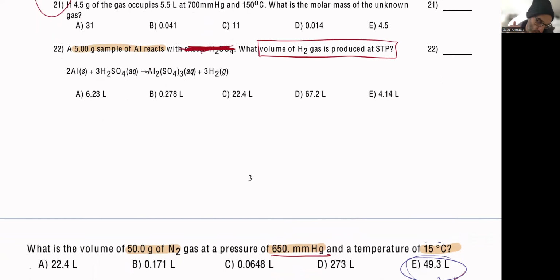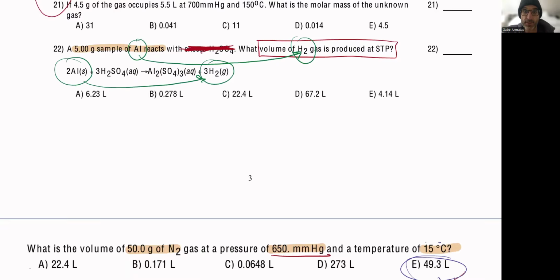Okay, so I know that this is a stoichiometry problem because, A, I'm given a balanced chemical equation, but I am converting from aluminum to a different chemical, hydrogen. So I'm going from aluminum, converting to hydrogen gas. Okay. So in order to figure it out, we know that we have what is the volume of H2 produced at standard temperature pressure.